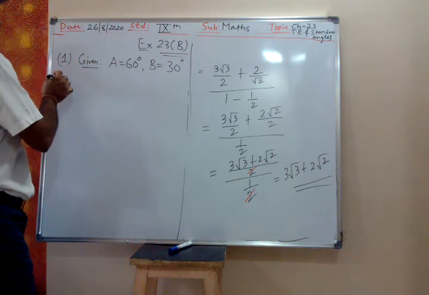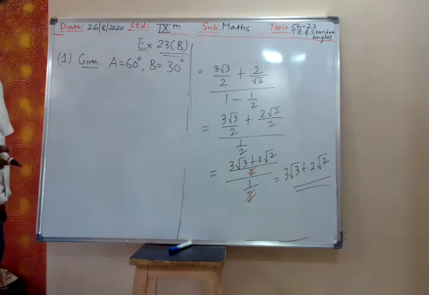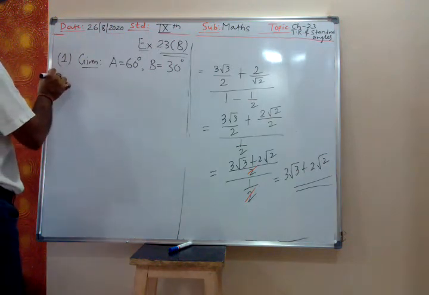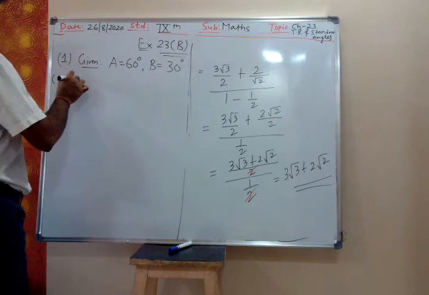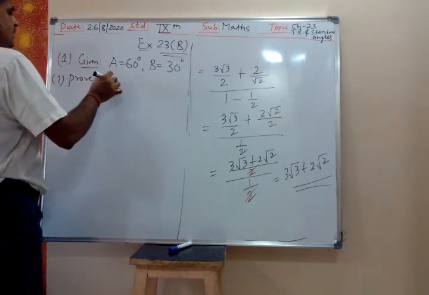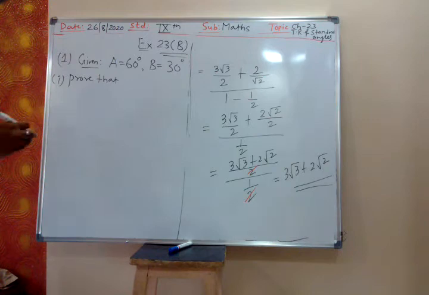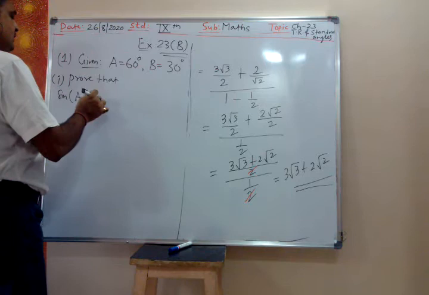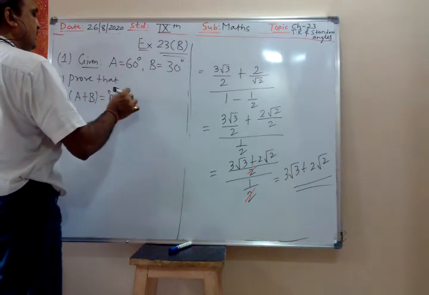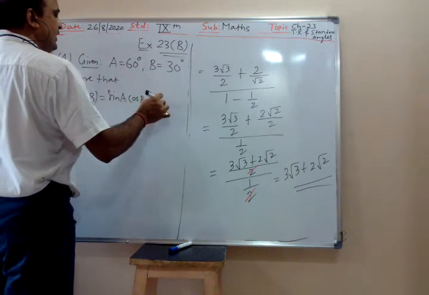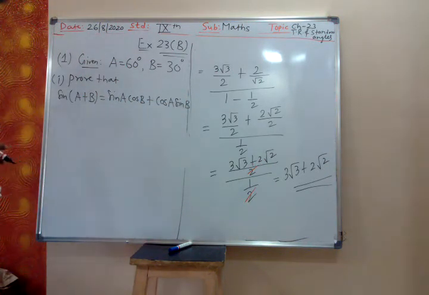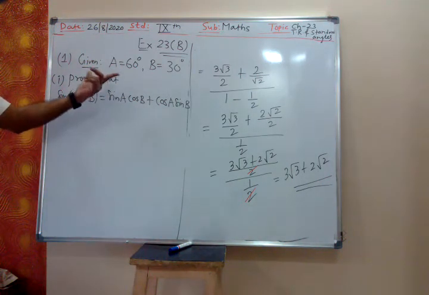First one, prove that sine A plus B is equal to sine A cos B plus cos A sin B. You have to prove this. So this is my left hand side, this is right hand side, you have to evaluate.